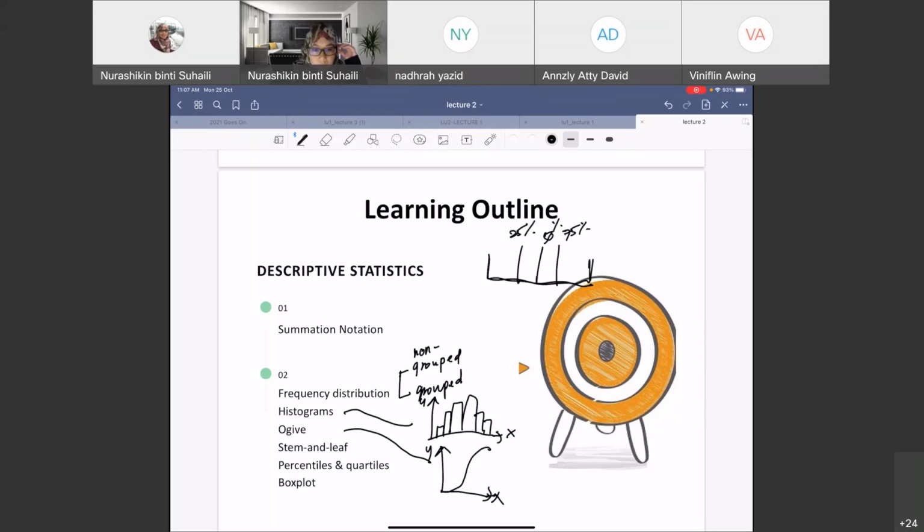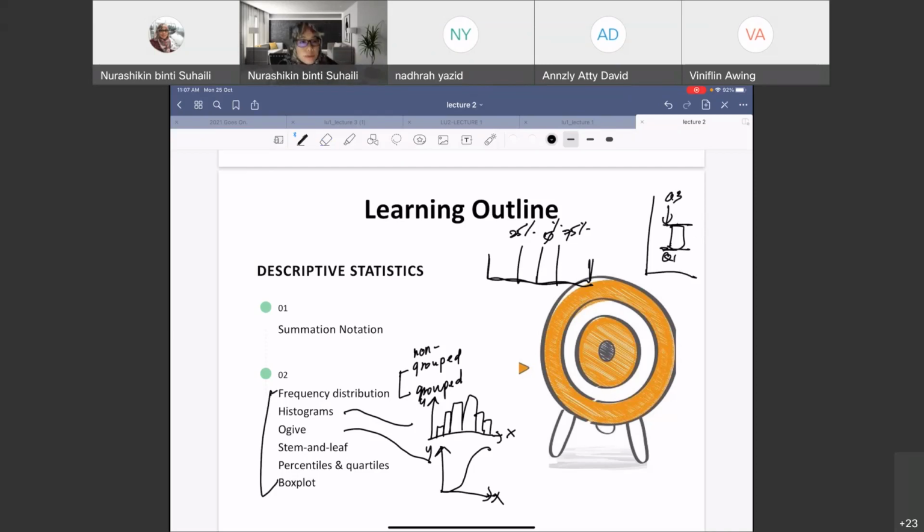Percentiles and quartiles also lead us to another way of presenting the data, the box plot, which is constructed based on the information of the percentiles. When you construct the box plot, this one stands for Q3, and this one stands for Q1, quartile 1. So these are all the ways we can present the data.